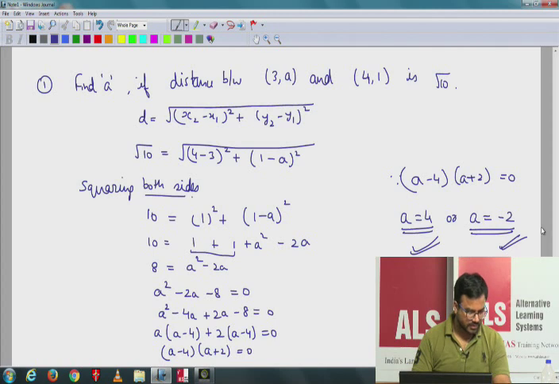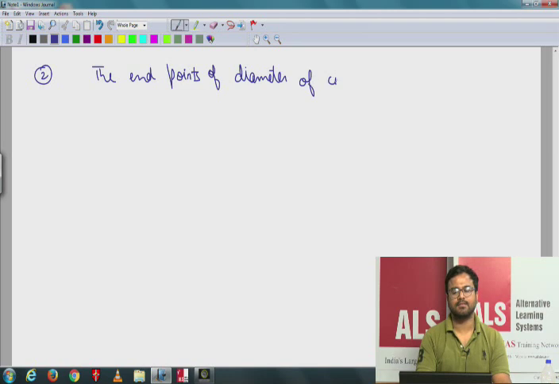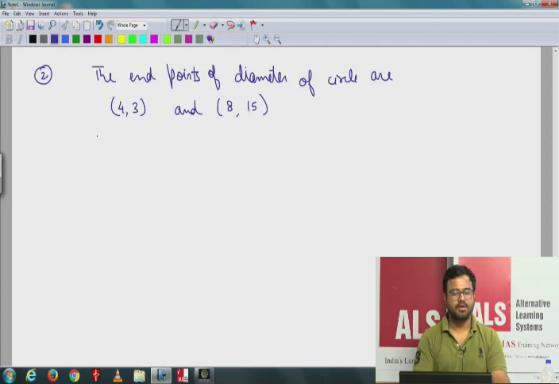Now let us solve another question. Try this one. The end points of diameter of circle are 4, 3 and 8, 15.